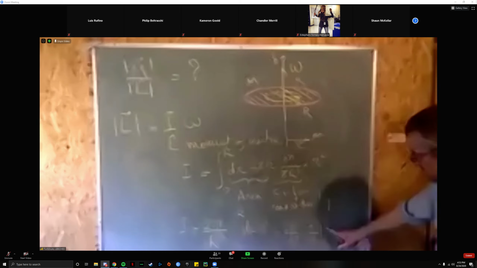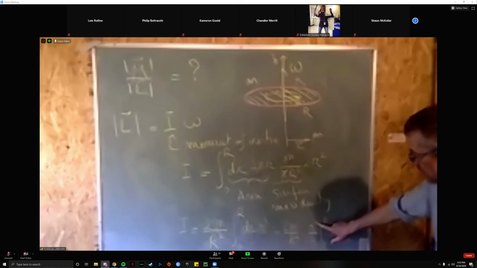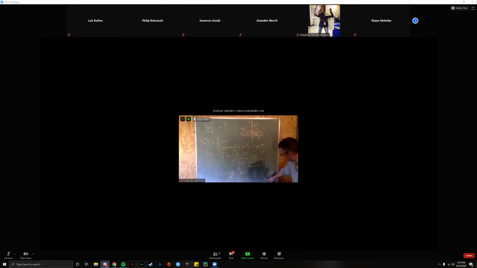And then I have r to the 4th power minus 0 to the 4th power, not just r to the 4th power. r to the 4th power divided by r squared is just r squared.